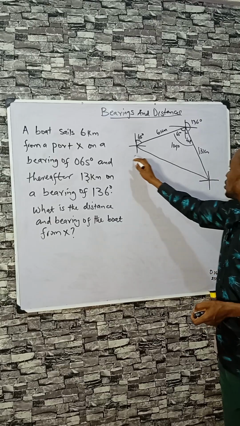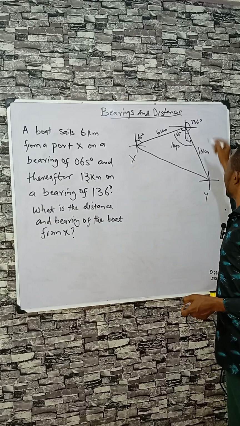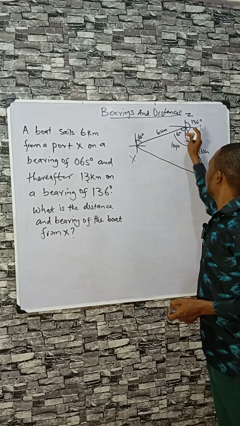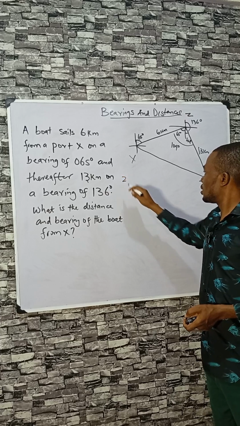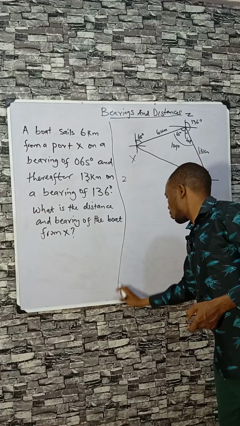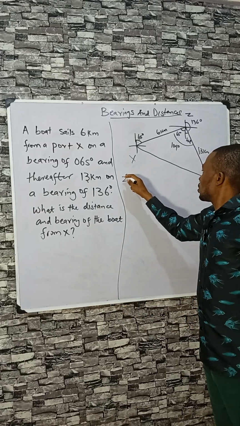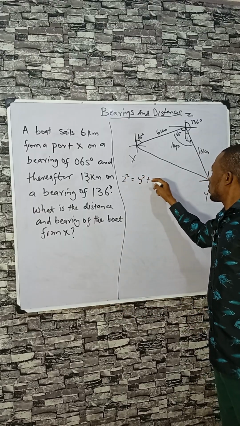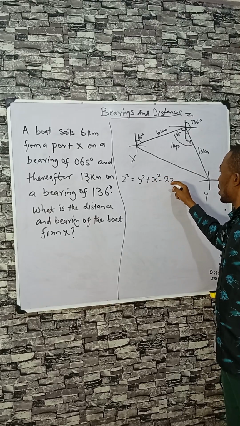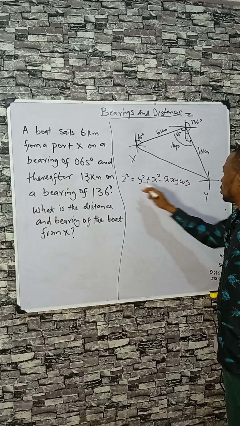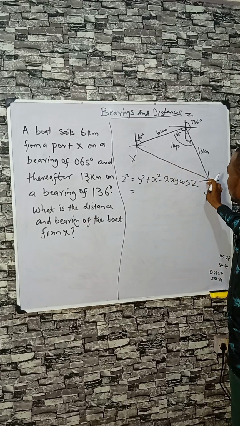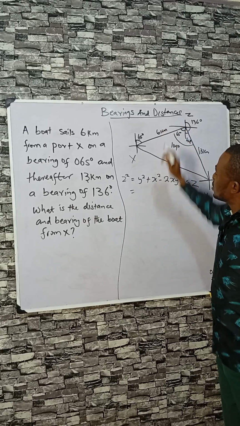Now this is X, Y, and Z. Let's use cosine rule. We are looking for this. So line Z is opposite to the bigger angle here. From cosine rule, C squared equals Y squared plus X squared minus 2xy cos Z. So Y squared here, opposite to this angle, is 6 kilometers.